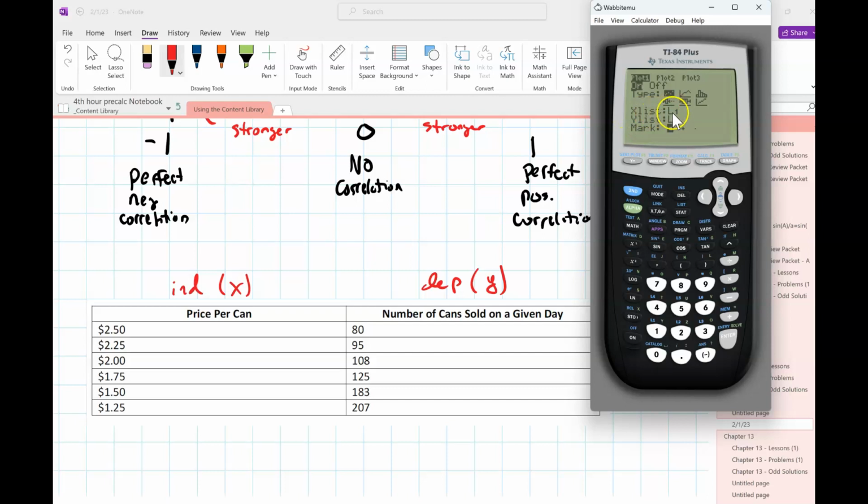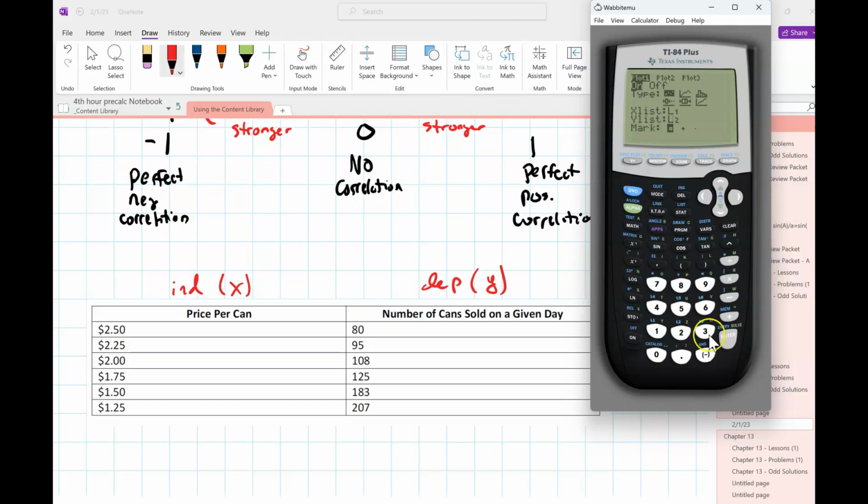Then I need to tell it where my x coordinates are coming from. Well, I typed my x's into L1, and I typed my y's into L2. So that's all set. Just hypothetically, suppose I typed my y's into L3. How do I change that to L3? If you look above the numbers 1, 2, 3, 4, 5, 6 in blue, you see L1, L2, L3, L4, L5, and L6.